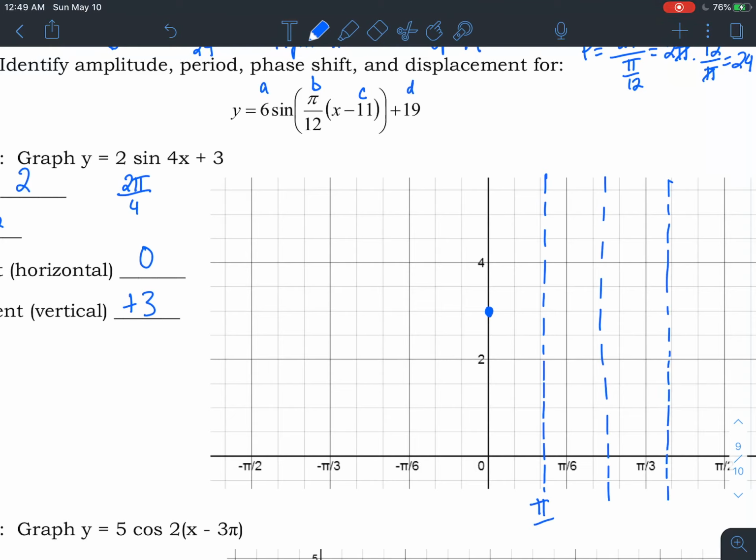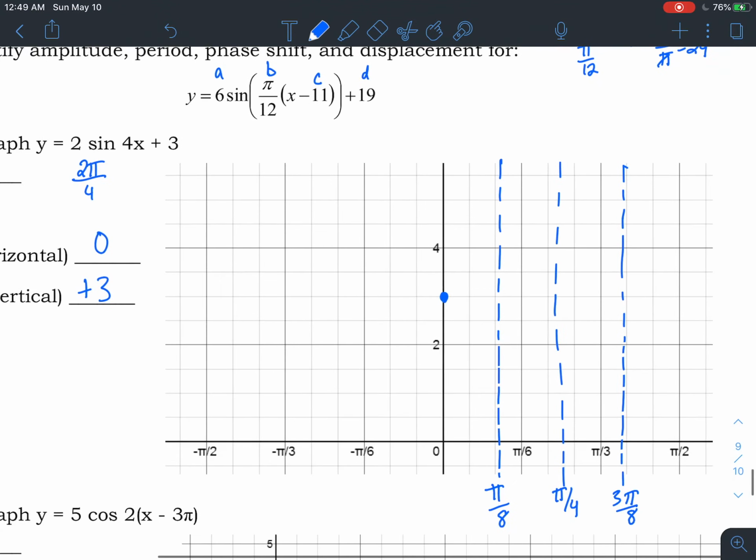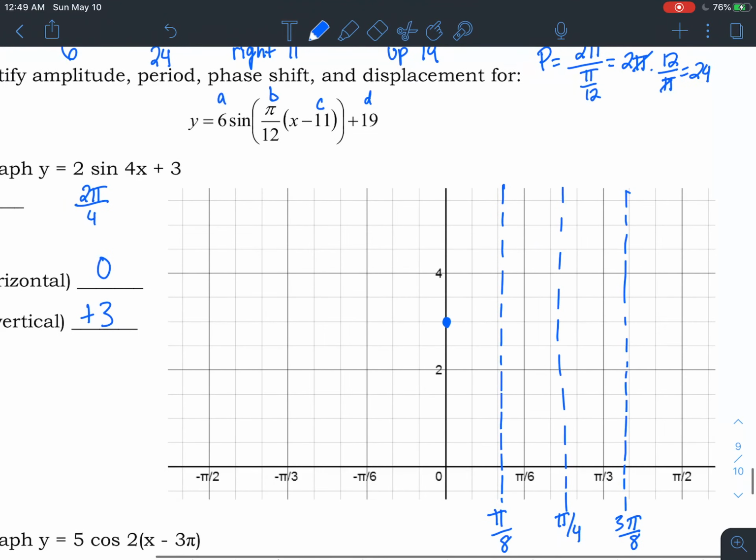So here, which I forgot to label, pi over 8, 2 pi over 8, which reduces to pi over 4, 3 pi over 8, which doesn't reduce, and then 4 pi over 8, which reduces to pi over 2.